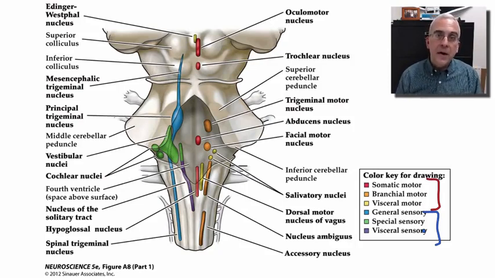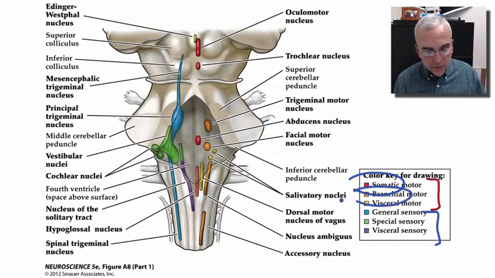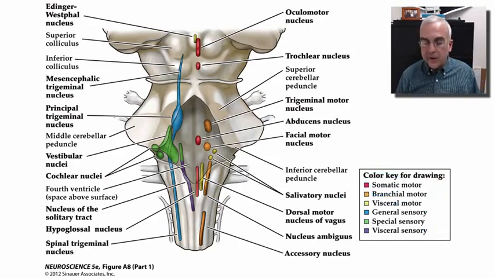And so we can recognize a distinct set of nuclei in the brainstem that are connected to these muscles derived from the pharyngeal arches rather than the somites. So it's useful to distinguish the somatic motor from the branchial motor, and we'll do that as we look inside the brainstem.